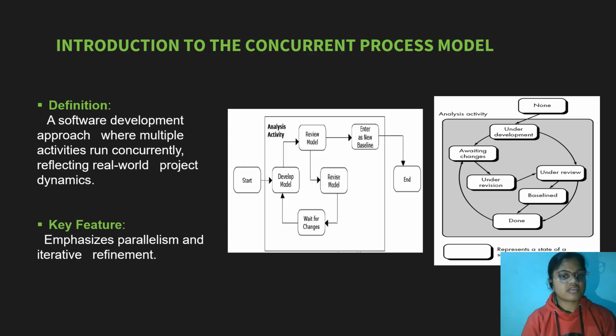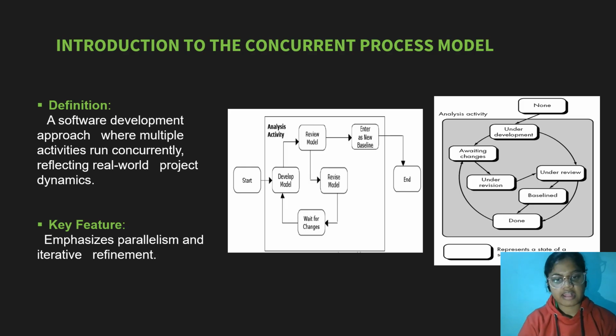Starting with the definition: a software development approach where multiple activities run concurrently, reflecting real-world project dynamics. As you can see in the diagram, it starts, moves to developing the model, then reviewing the model, then entering a new baseline.